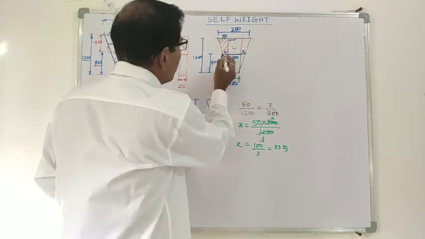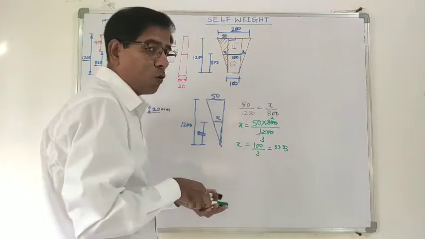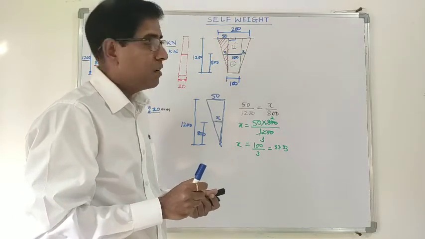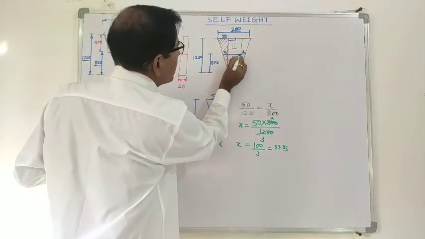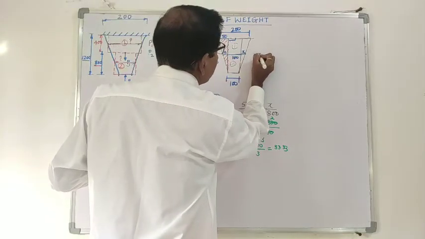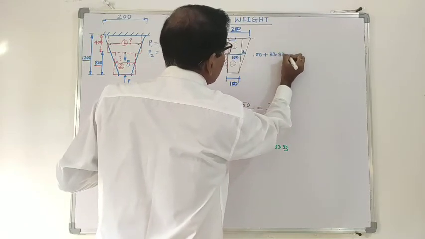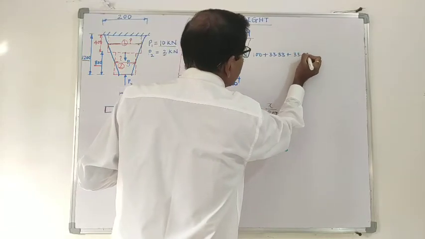So the total bottom side of section 1 will be, this is 100, this is 100. So 100 plus 33.33 plus here 33.33.